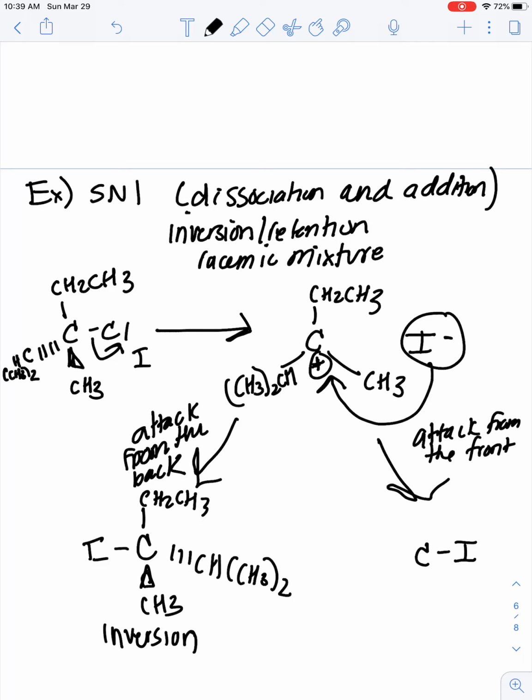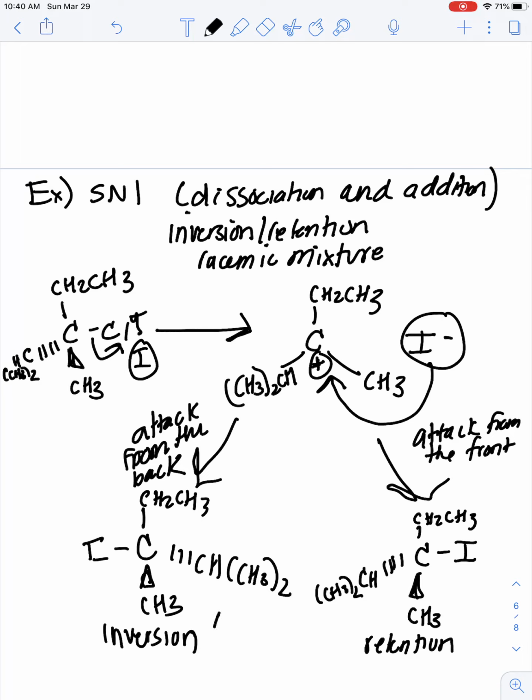So the iodide is really just replacing the position that this chlorine is in when we have retention. So again, this would be considered our retention product.